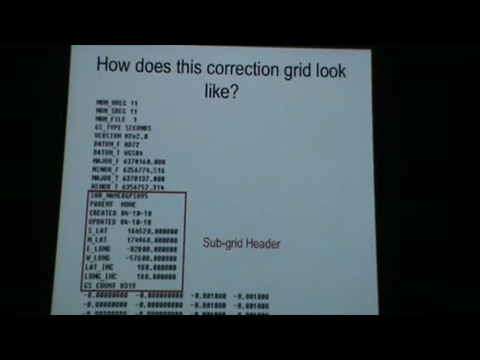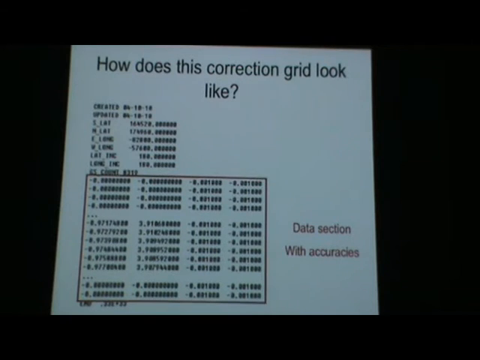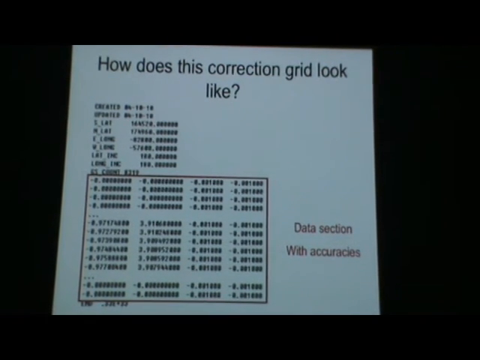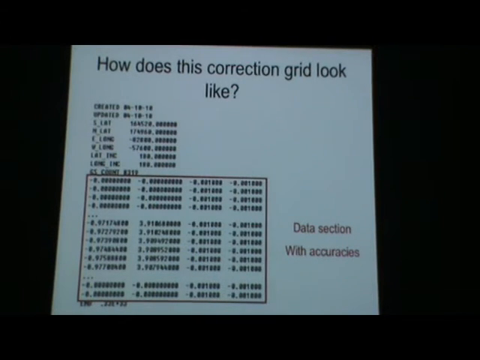And latitude and longitude increment is 180 seconds, meaning approximately 5 to 10 kilometer grid size, and number of points. And the next section is the data. In this case, it's altogether 8,319 points.